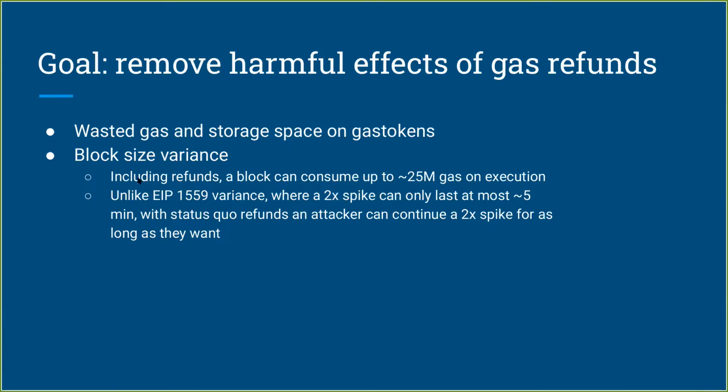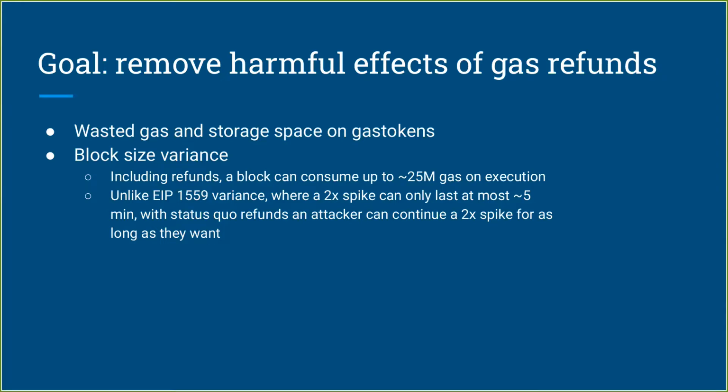And both EIP-1559 and gas tokens have this property that they can only create spikes. They cannot affect long-term usage. In the case of gas tokens, it's because it costs 20,000 gas to create one, and then you get a refund of 15,000. So this is orthogonal to the storage issue.